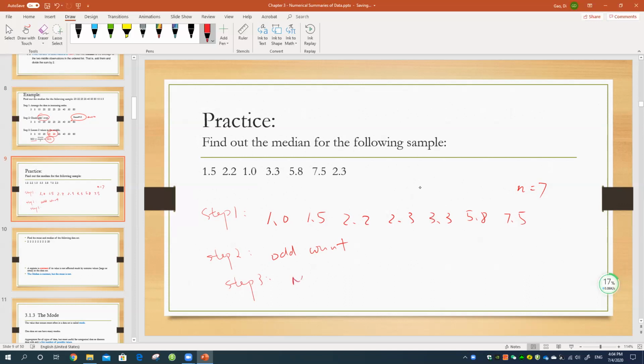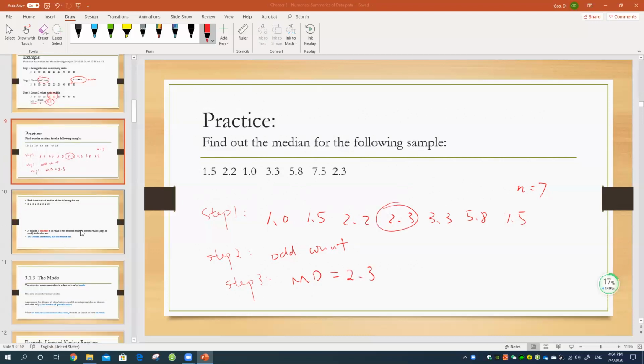The median is the middle one, which is 2.3. So the median is 2.3, the number exactly in the middle of the data array. So a median could be a number in the data array. That's a practice problem.